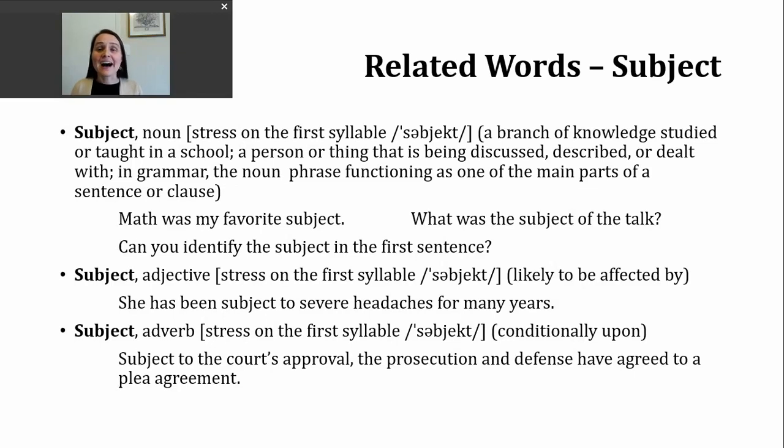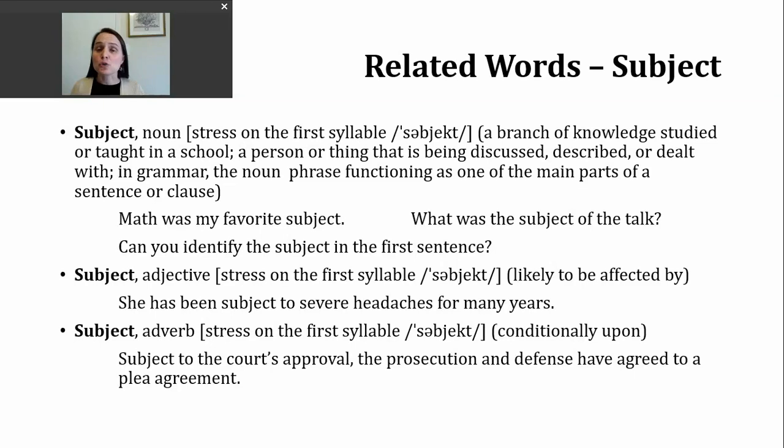So a question you might hear a teacher like myself say in class would be, can you identify the subject in the first sentence? So if we go back to that earlier example, math was my favorite subject. Math is the subject. Was is my verb.